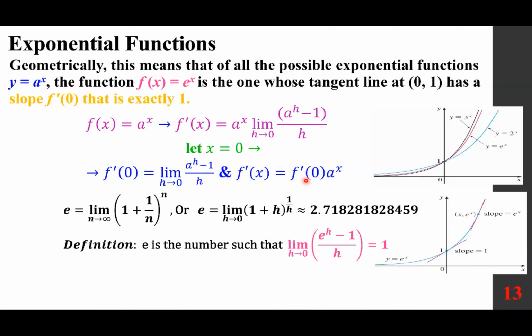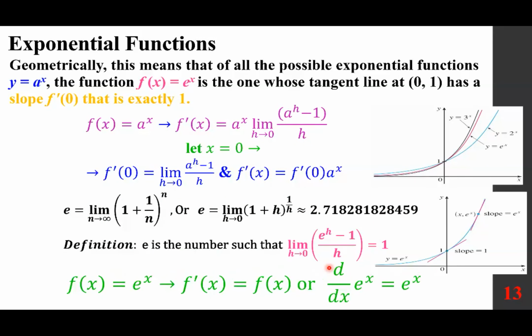And as it was mentioned, we had seen this from algebra, and I went over that also. And the definition of E besides that takes this one, which we just proved, and we're going to say all you need to know. If f of x is e to the power of x, so is f prime of x. That's all you need to know to move on as far as the course is concerned.